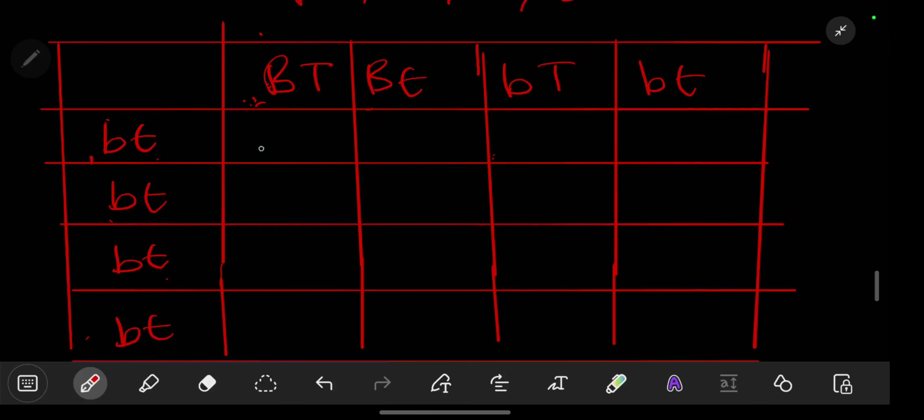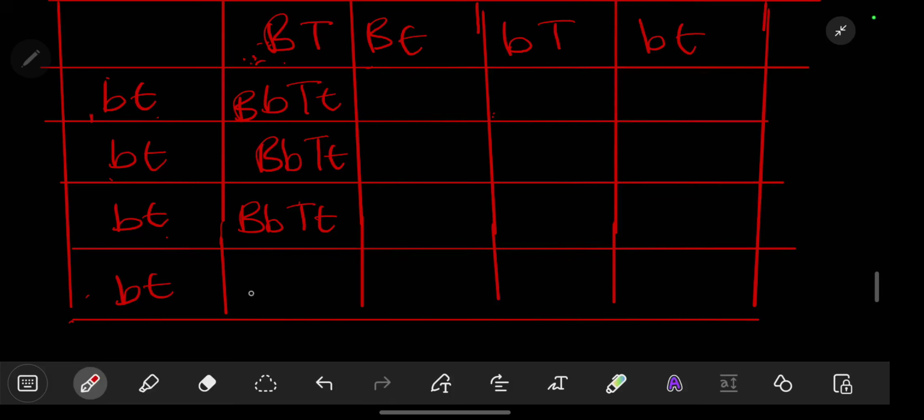So combined, we are going to have B small b, T small t, and this is repeated across the boxes.